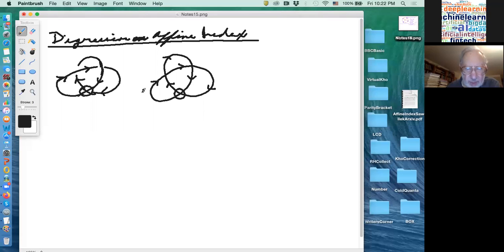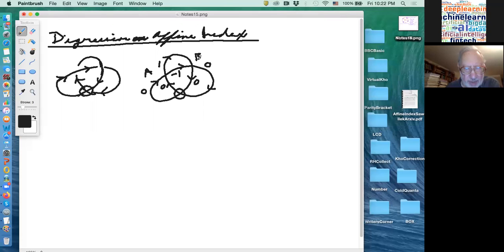By the way, it's a good exercise to show that when you do this indexing, remember how we do it: down if it's to the left and up if it's to the right. It went down to -1, then it went back to 0, goes through the virtual crossing without change, goes up to 1 here, goes back down to 0 here, and we're done with the labeling.